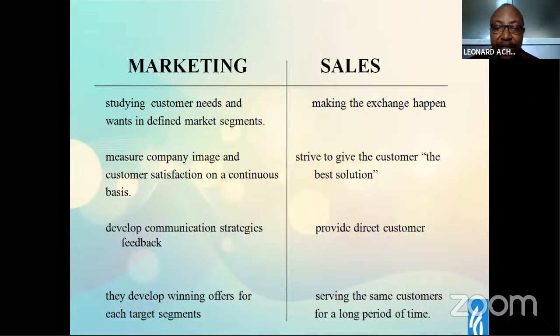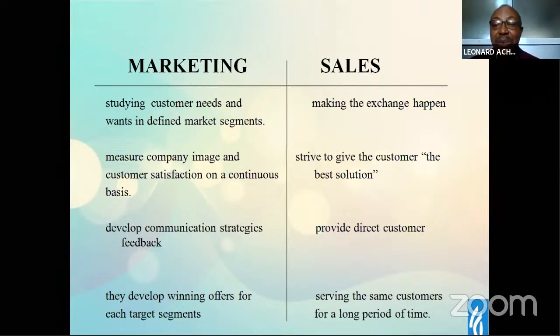Marketing develops communication strategy feedback. Marketing puts in place strategies where they can get inputs from the buyers time and again. Communication is key. It's very vital in every organization and every business.